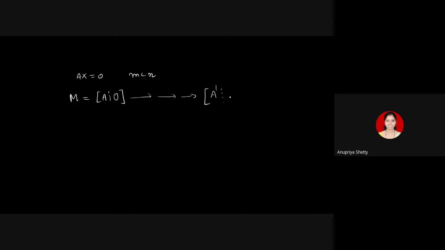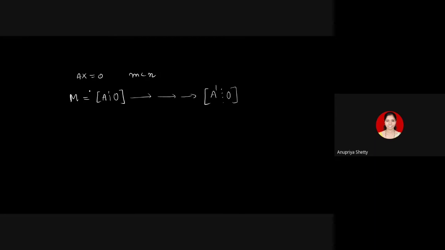But what will happen to this block even after applying all those operations? Since the operations are done row wise, and since every entry in this last column is 0, whatever operation you perform, that block will never be affected. So it remains as 0 itself. You multiply that row with anything or you interchange two rows, all the entries are zeros there in that last column. So zeros will remain as zeros.